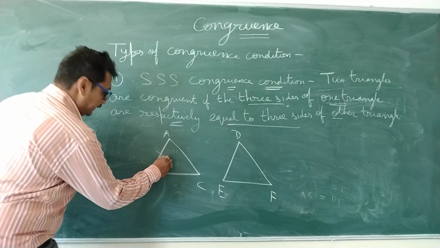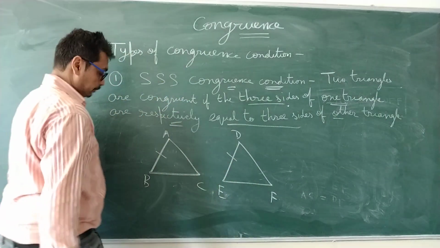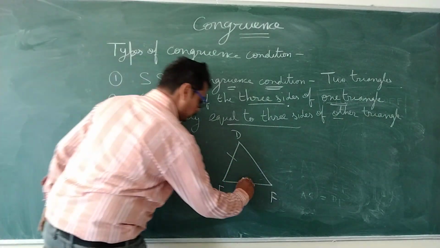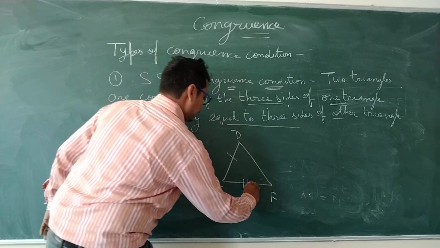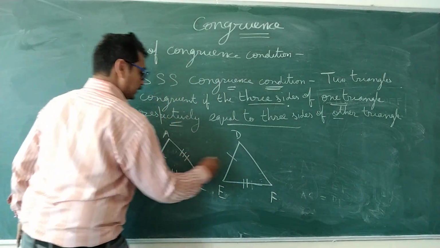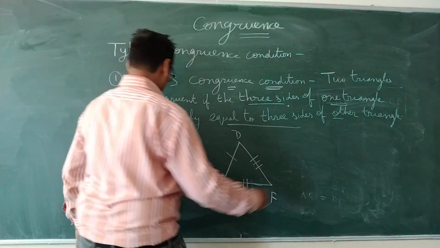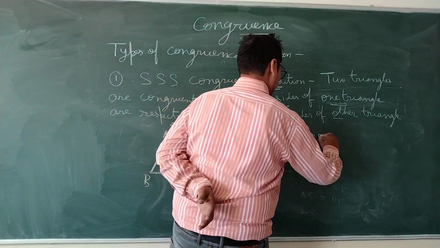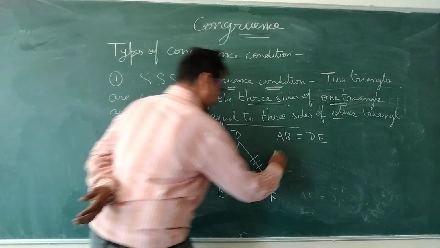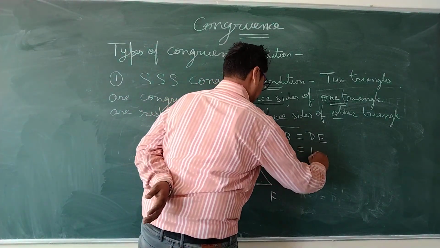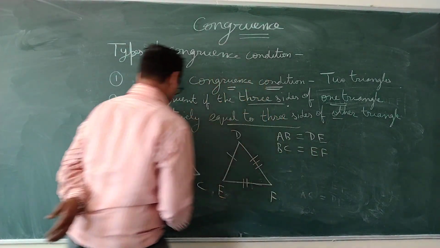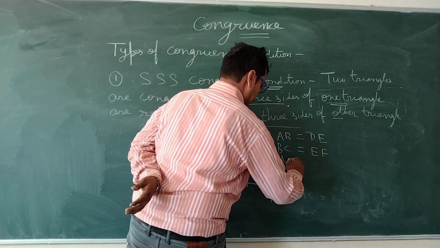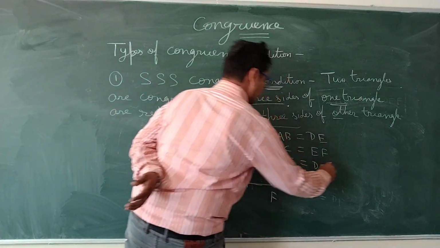If AB is equal to DE, BC is equal to EF, and AC is equal to DF. Here side AB is equal to DE, BC is equal to EF, and side AC is equal to DF.